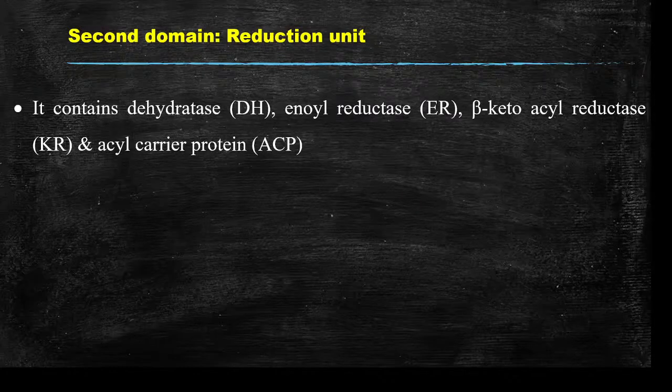The second domain is called the reduction unit. It contains enzymes that reduce the molecule, that is, a dehydratase, enoyl reductase, beta ketoacyl reductase, and acyl carrier protein.